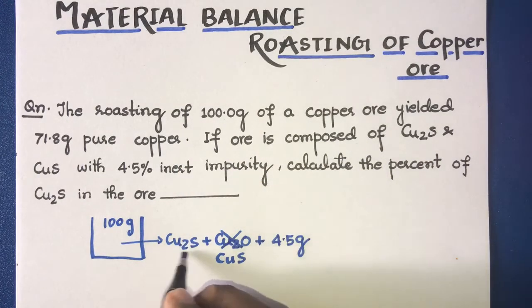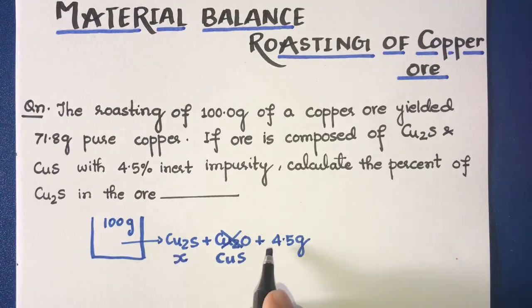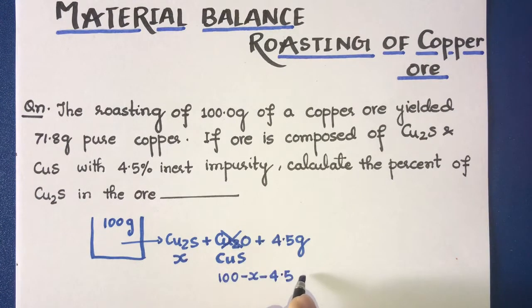We don't know the exact amount of Cu2S and CuS, so let Cu2S be x gram, then CuS will be 100 minus x minus 4.5 gram, or 95.5 minus x gram, in the sample.